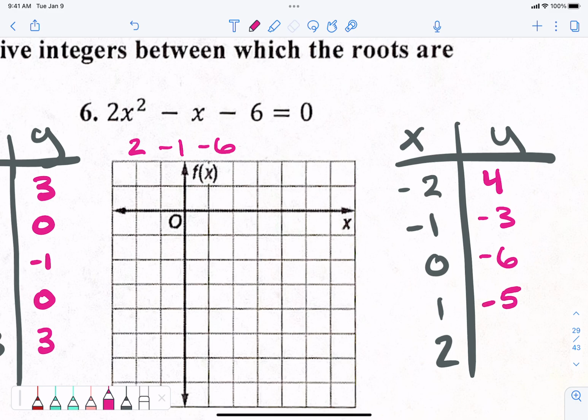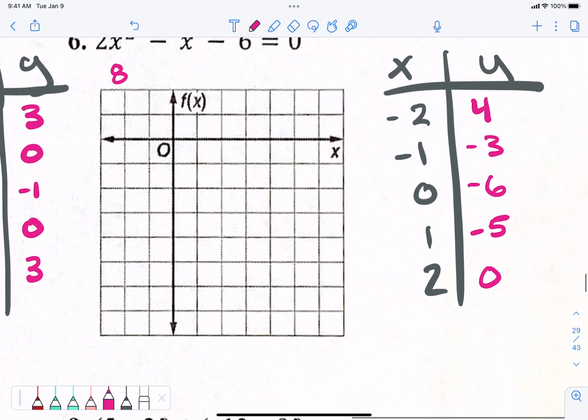This one's going to be an ugly one. 2 is at 0. What is going on here? -2 is at 4.